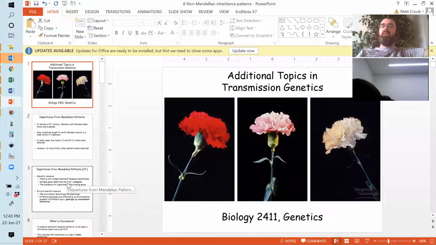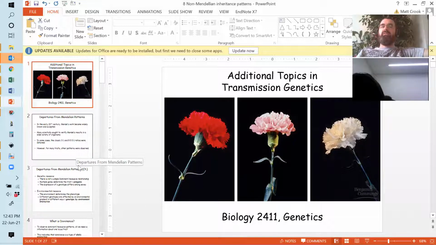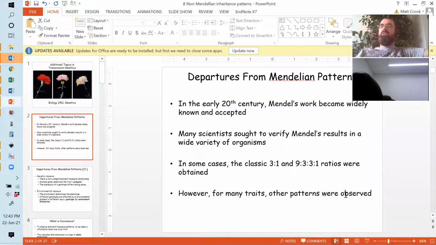Mostly it's a mix of a whole bunch of other stuff. The simple monohybrid and dihybrid cross ratios, the 3:1 and 9:3:3:1 ratios, can still be obtained, particularly for certain traits. But for many traits, or really most of them, you get other stuff going on. And there's a lot of reasons for that.